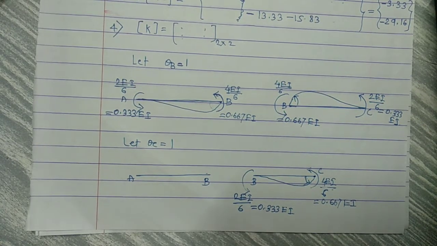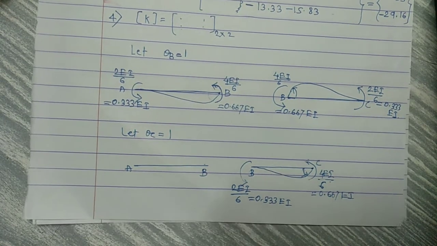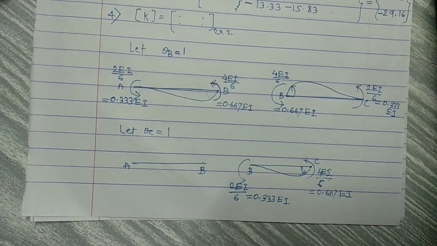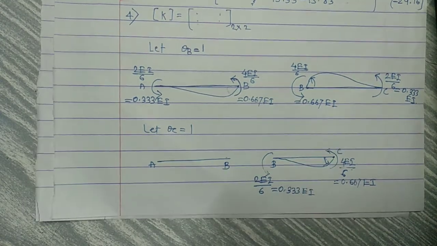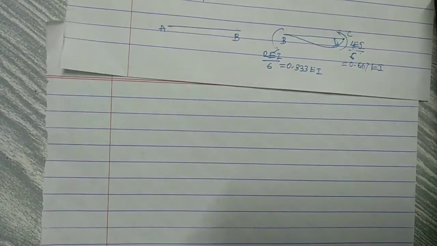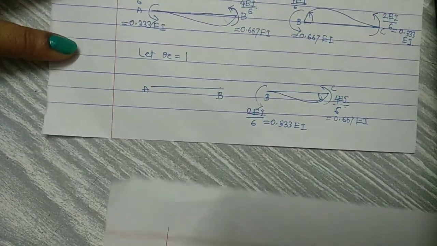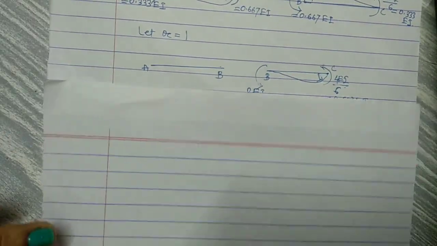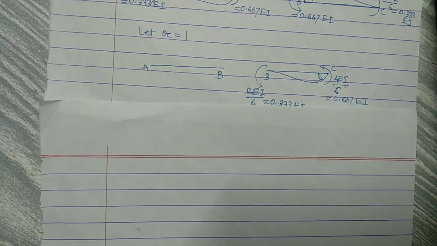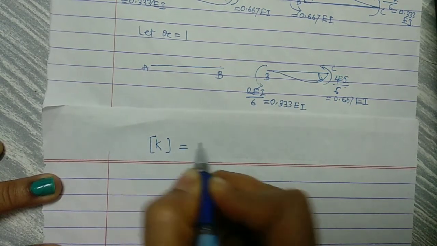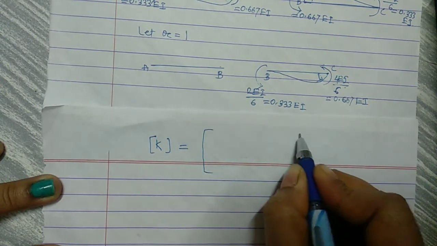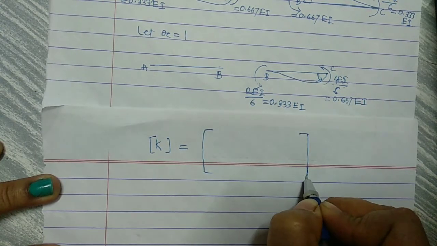Okay. Now from these figures we have to write the stiffness matrix K. So we will write that. So from this figure, K matrix equal to, how to write this matrix?